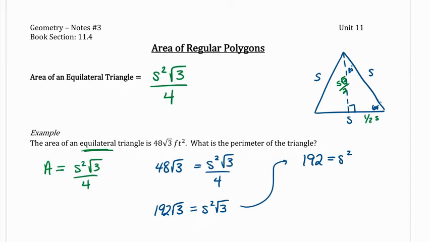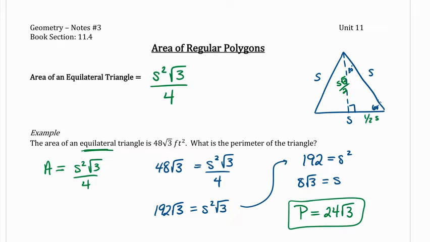And then if I take the square root of both sides and simplify, we get that a side length is 8 radical 3. So then if I want the perimeter of that triangle, I just take that 8 radical 3 times 3 sides of the triangle, which is 24 radical 3.